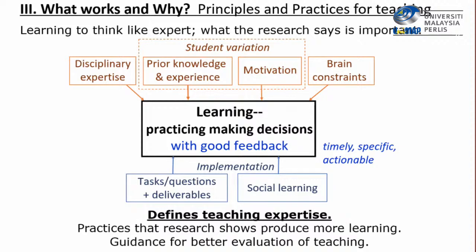But this body of work really defines teaching expertise in a way that one couldn't have done 20 years ago, or even several years ago. It identifies specifically what practices research consistently shows produce more learning and better outcomes in students. And so it tells you these are the things you want to be looking at in a teacher to see how effective they are.